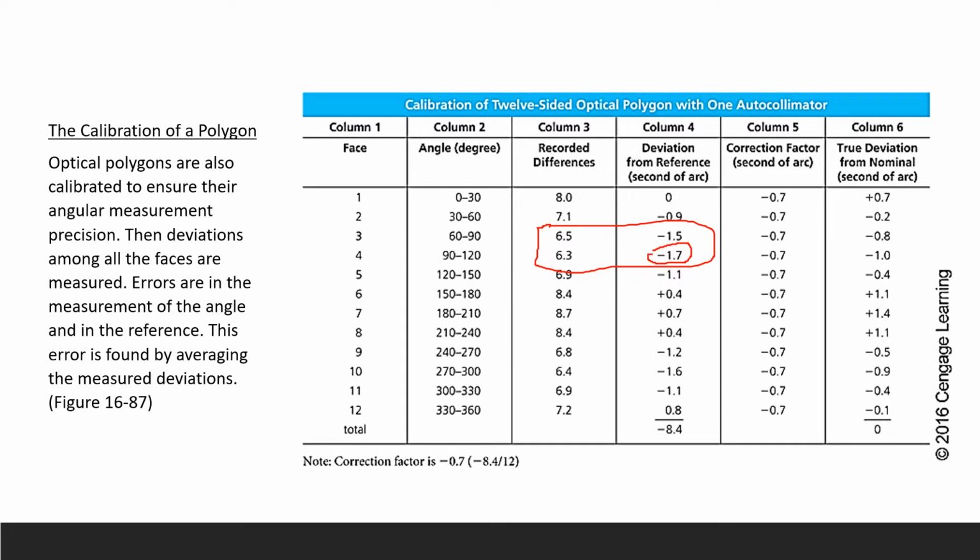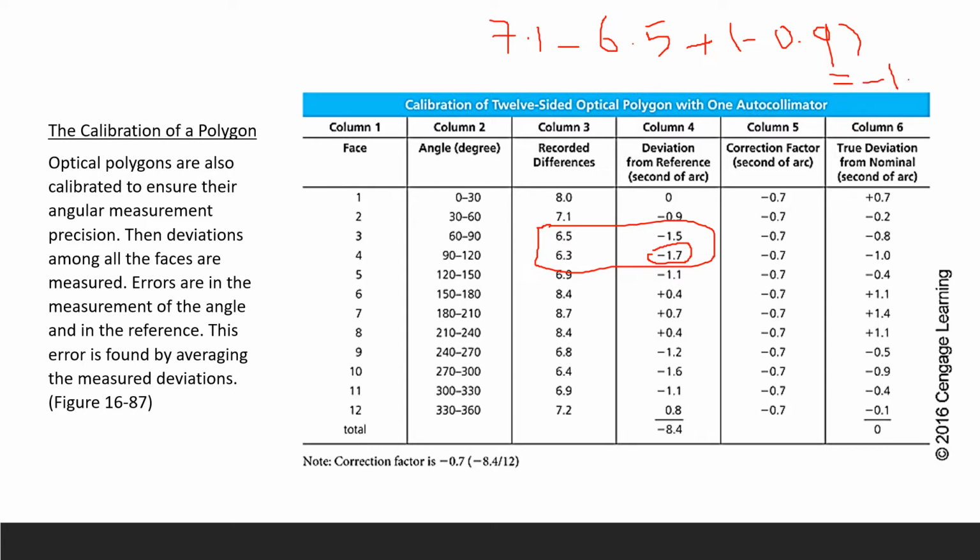In this case, the same thing: 8.0 minus 7.1, and then minus 0 is going to give you minus 0.5. Then 7.1 minus 6.5, and then you add minus 0.9, and that is going to give you minus 1.5.